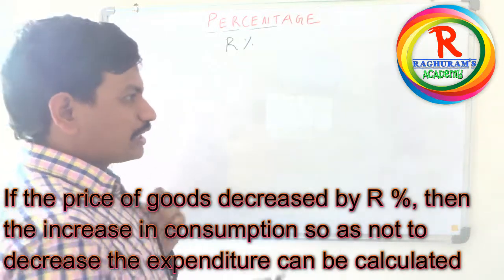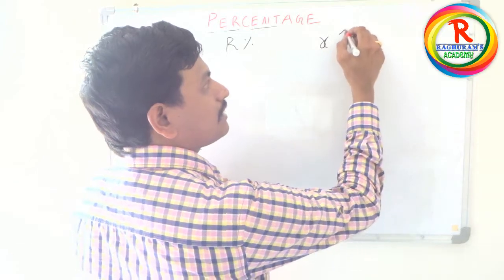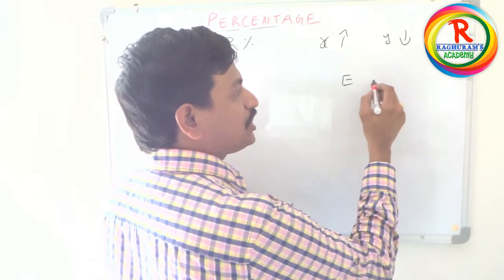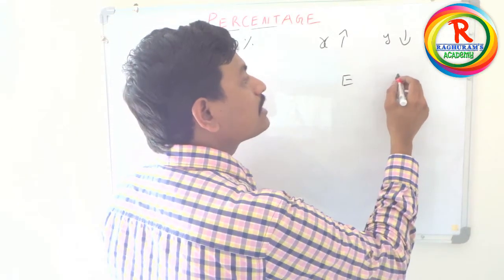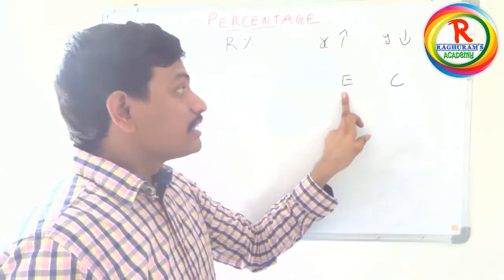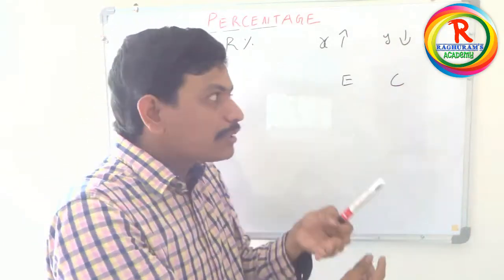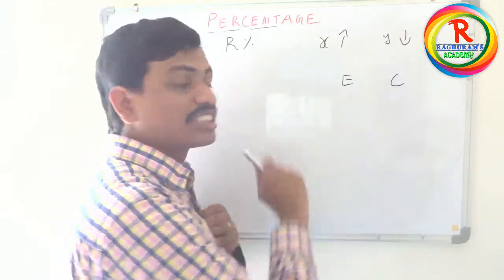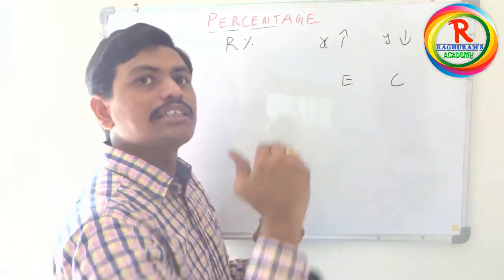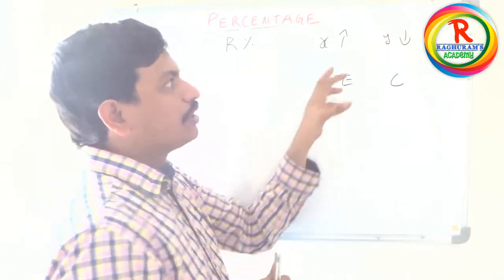I told you x is the increased percentage and y is the decreased percentage, and we have expenditure and consumption problems. Suppose expenditure is increased, then we have to reduce the consumption so as to maintain the savings. Suppose expenditure is decreased, we can increase our consumption. That is, the savings are the same. To keep the savings the same, we have to do it like this.